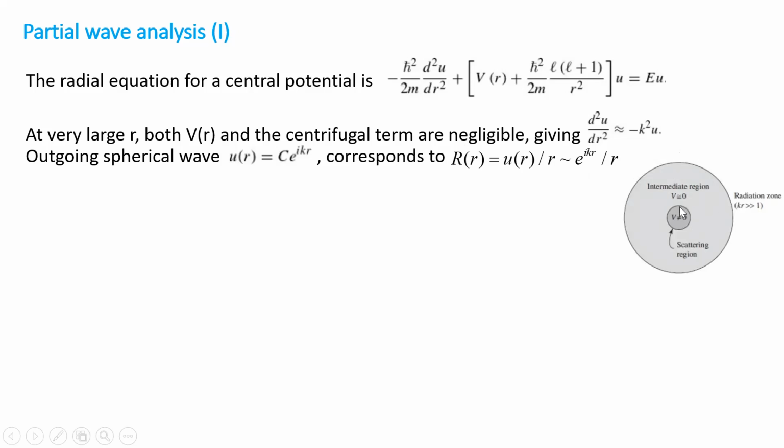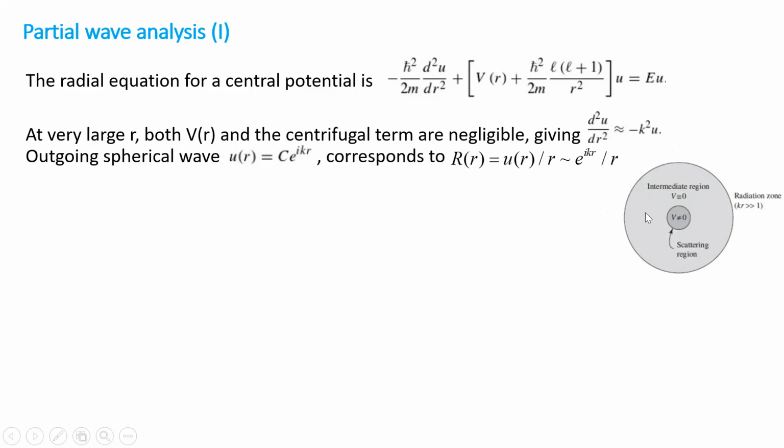Meanwhile, in the scattering region, both the centrifugal term and the potential term are important. Just the centrifugal term is important in the intermediate region, and outside, neither term is important. And out in this radiation zone, we get this e to the i kr over r.